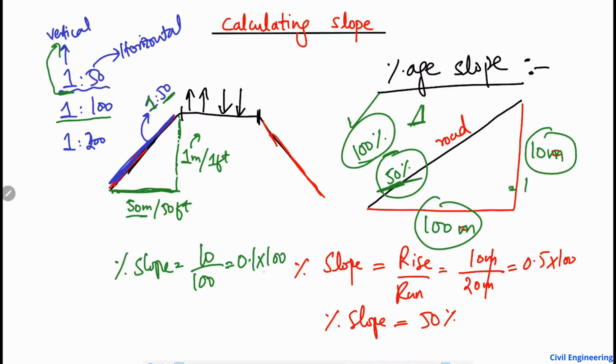We multiply with 100%, so we get 10%. So the road of this profile has a 10% slope. I just wanted to show how to find the percentage slope of a road or any surface. You just have to divide two factors: one is the rise, the height, and the other is the run, which is the horizontal dimension.